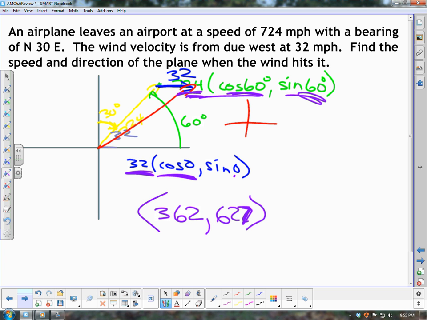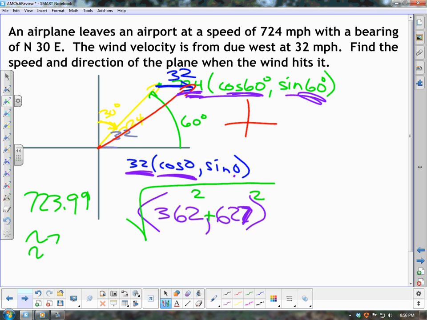And so then, if you want to figure out the speed of the plane, you would take this squared plus that squared, and then take the square root of it. And that will get you 723.99, so almost 724 miles per hour.